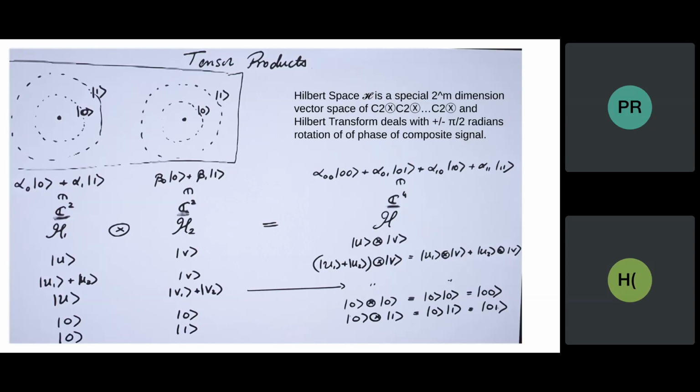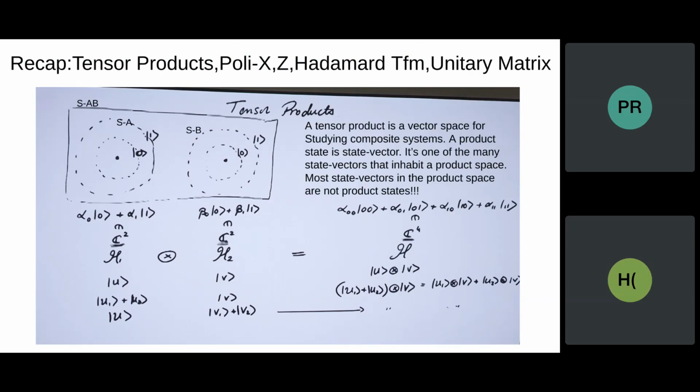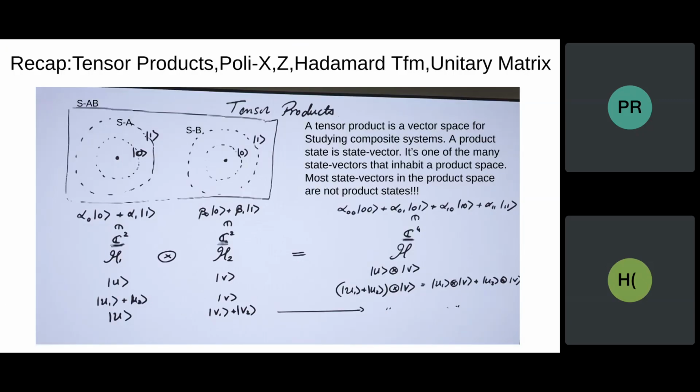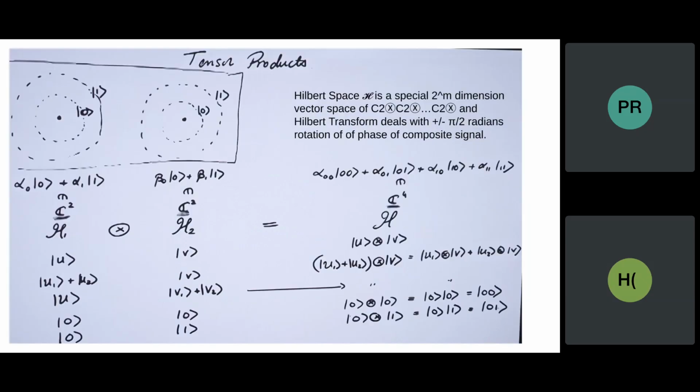So the third one is the Hilbert space, which is related to the transform. Then there is a Hadamard gate, which is related to the matrix, which deals with the amplitude. Hilbert deals with the rotational aspect, phase aspect.